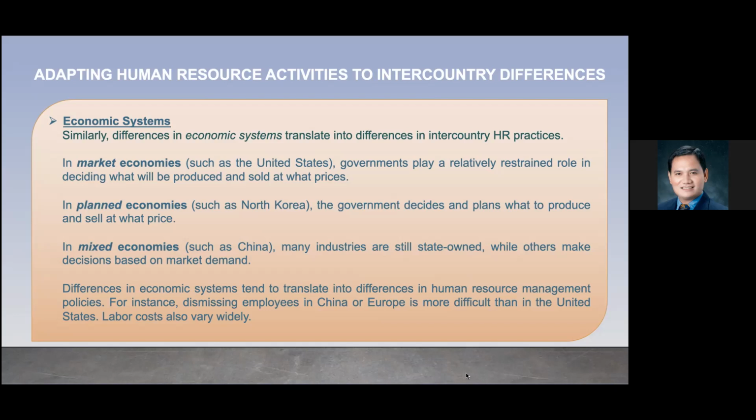Whereas in planned economies such as North Korea, the government decides and plans what to produce and sell at what price, while in economies such as China, many industries are still state-owned, while others make decisions based on market demand. These differences in economic systems tend to translate into differences in human resource management policies. So, for instance, dismissing employees in China or Europe is more difficult than in the United States, and labor costs also vary widely.